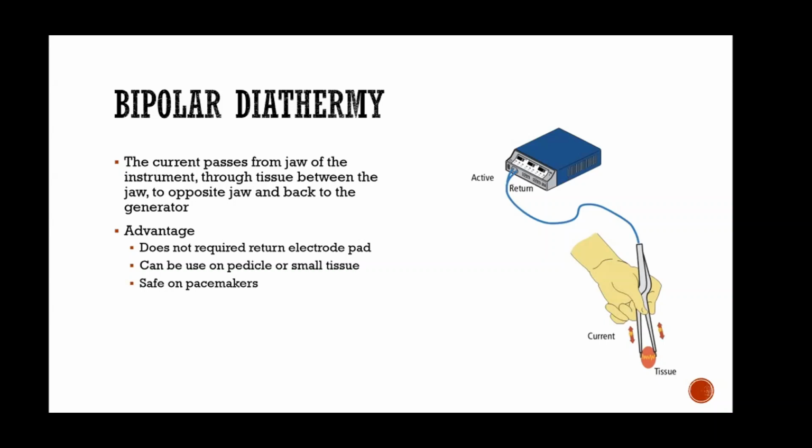Okay, Mr. Yusof. For bipolar diathermy, rather than monopolar diathermy, in which the electric current flows from the generator to the handheld device, to the patient, to the electrode return pad, then back to the generator, this bipolar diathermy doesn't go through the patient.